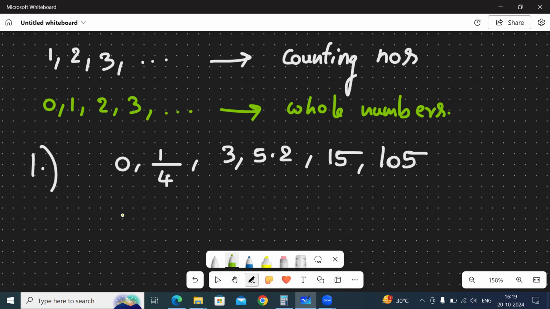If I was in your position, I would say any number starting with 0, I would consider it a whole number. So 0 is my whole number, and 3, 15, and 105. All these are whole numbers for me.